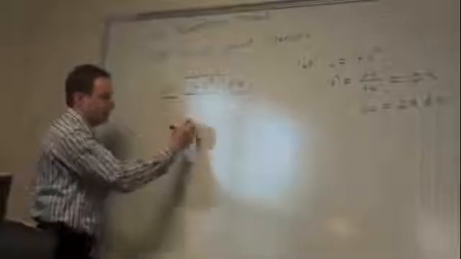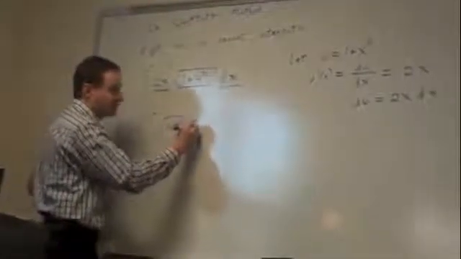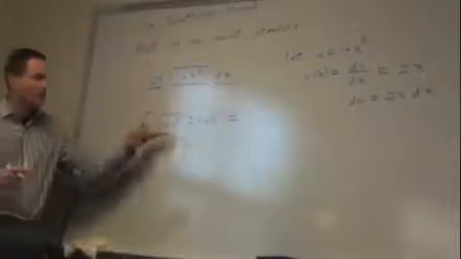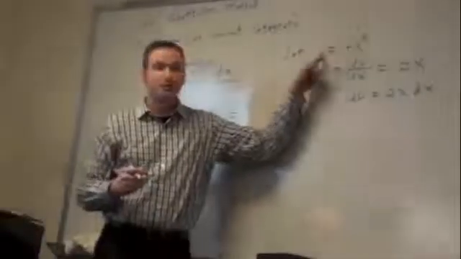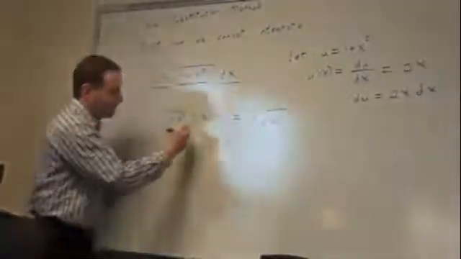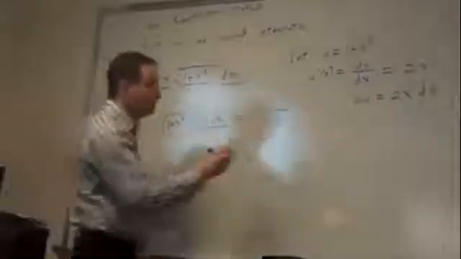So I'll say this is the same thing as the square root of 1 plus x squared times 2x dx. Which now, using my substitution, I'm saying that 1 plus x squared is u. So this is going to become the square root of u. What's all of this going to become? Du. That's what we do.